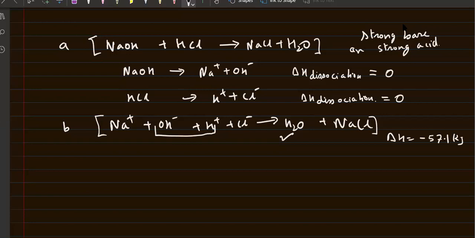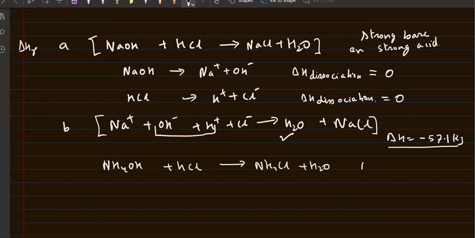Okay? Got it? So if delta H dissociation is 0, then you can say that the delta H of this reaction is equal to this one. Right, everyone? But take this reaction, NH4OH plus HCl gives NH4Cl plus H2O.